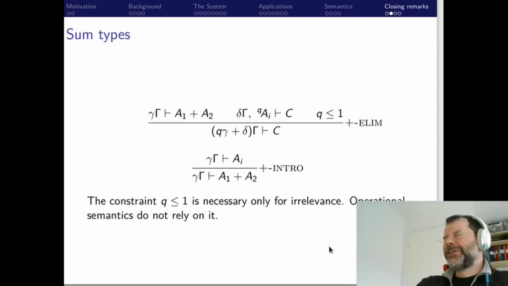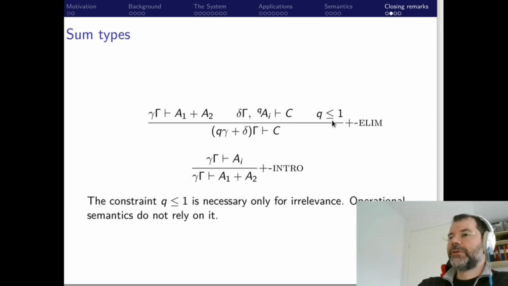A perhaps controversial choice is that we have a constraint on which modalities a value can take to be scrutinized by a case expression. We demand that they must be convertible to the unit modality. This constraint is necessary for irrelevance.